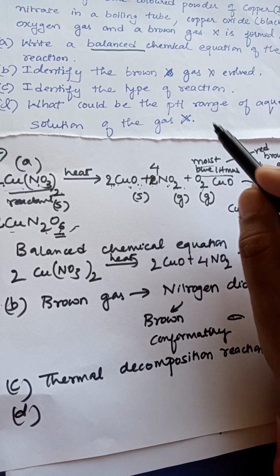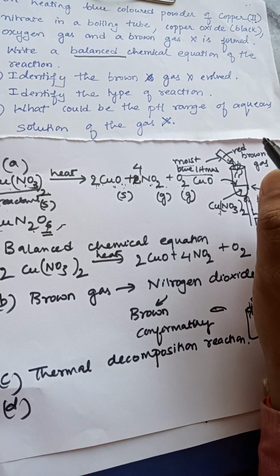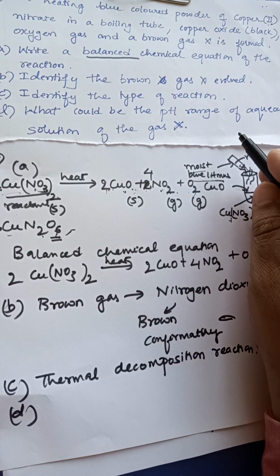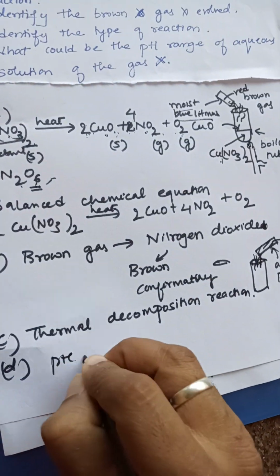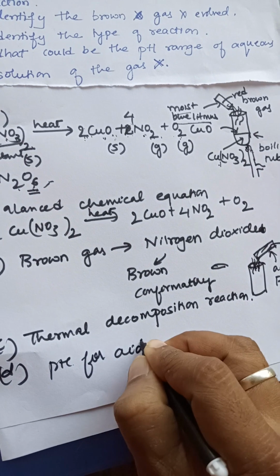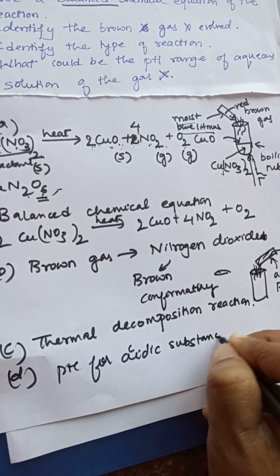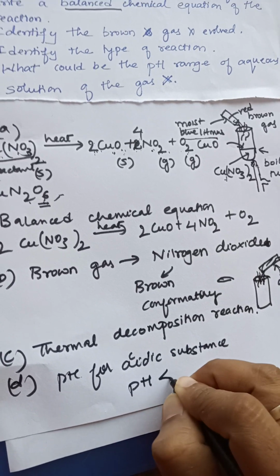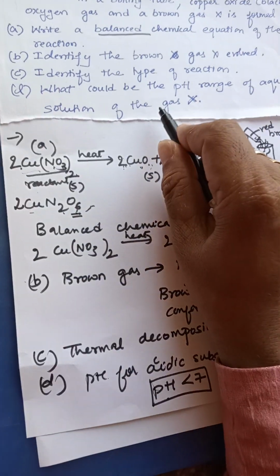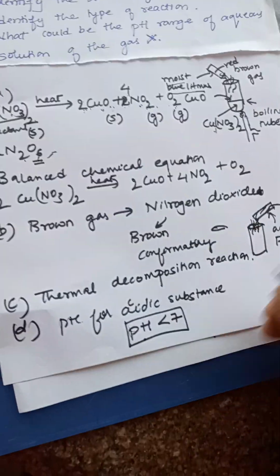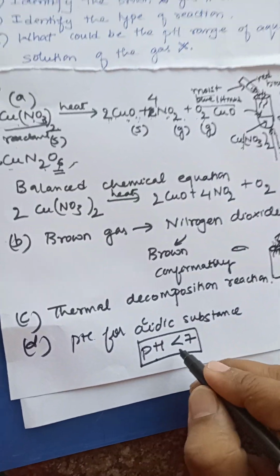So this confirms that the gas is acidic in nature, and its aqueous solution will be acidic in nature. And pH for acidic substances will have a range less than 7. So pH will be less than 7 for the aqueous solutions of acidic gas. So what is the answer? What could be the pH range? The answer is pH is less than 7.